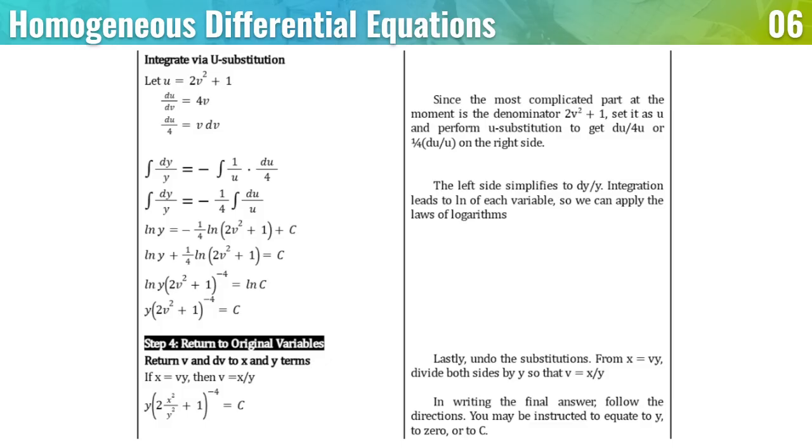So that's why you can just keep c there. So taking ln out of both sides of the equation, you get y times 2v squared plus 1 all raised to negative 4 is equal to c.